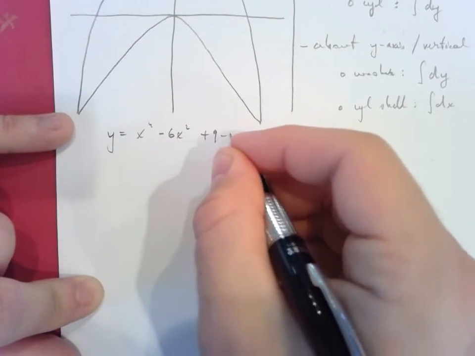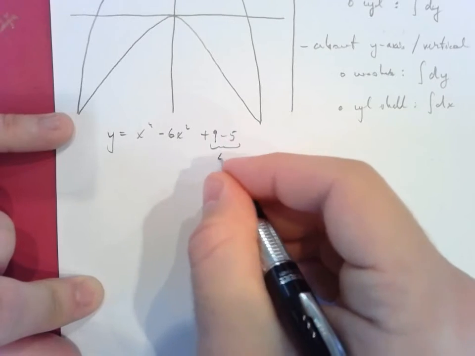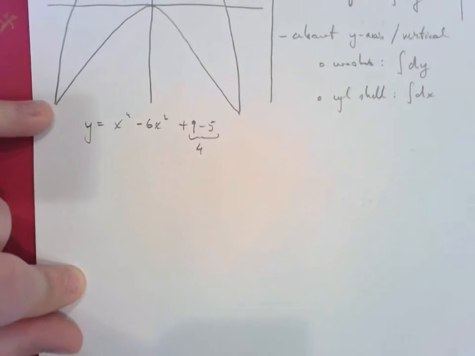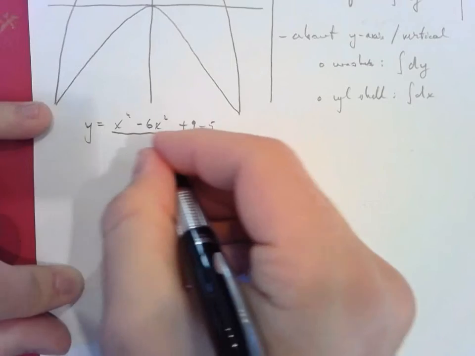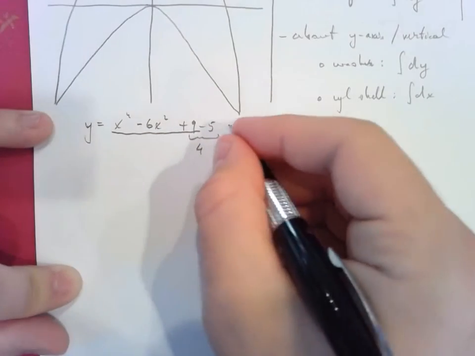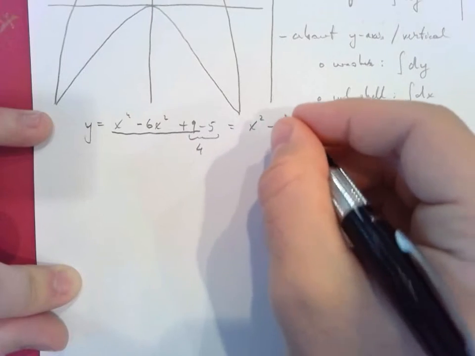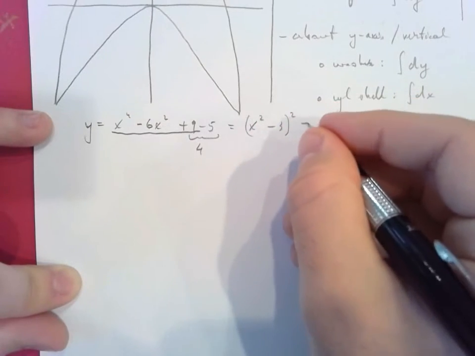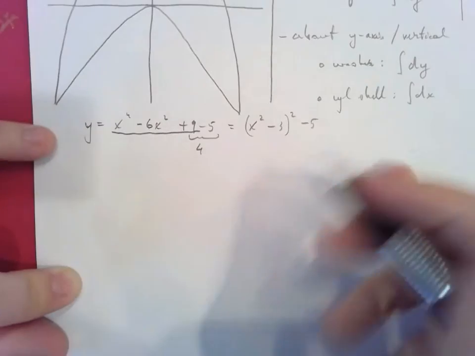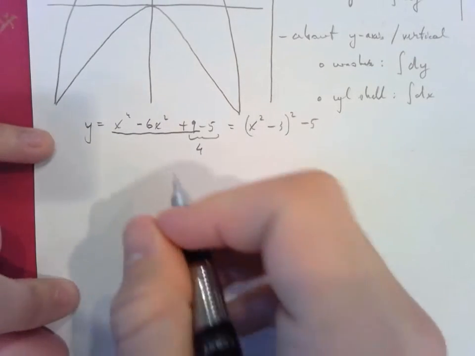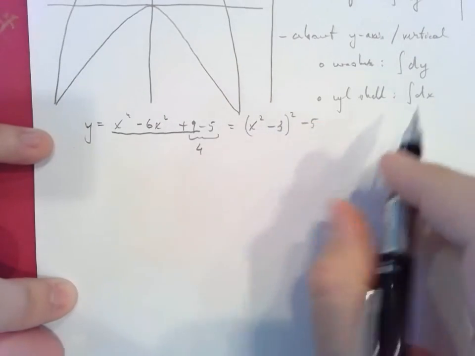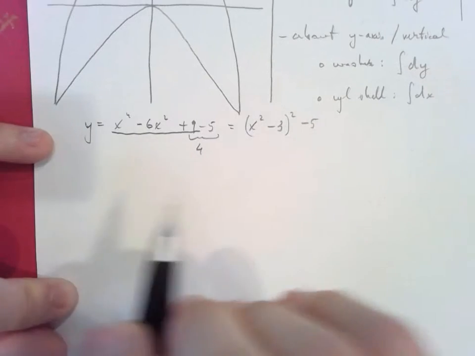So plus 9 minus 5 is that constant of 4, right? But the first piece right here is the completed square, so I can write y as x squared minus 3 quantity squared minus 5. So now I just solve for x as a function of y, because I need to do an integral with respect to y here.